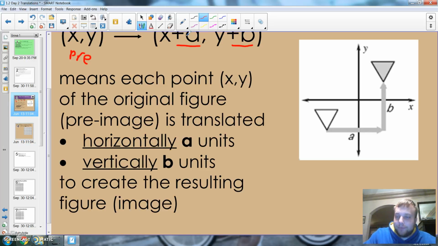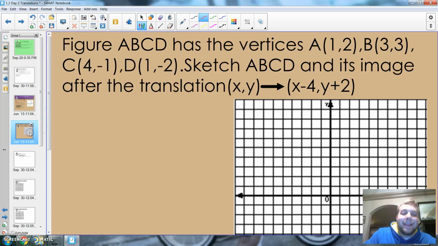And there we go. All right, so let's just take a gander here. I have a couple points here. I have A, B, C, and D, and it says sketch them and its image after the translation. So first off, I am going to go 1, 2.